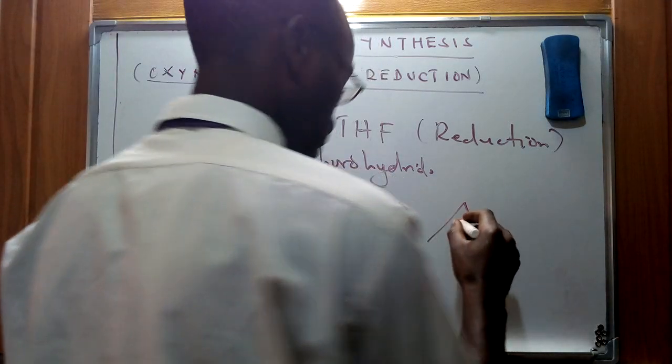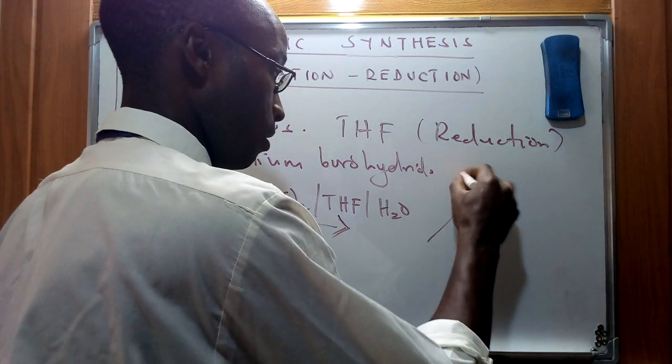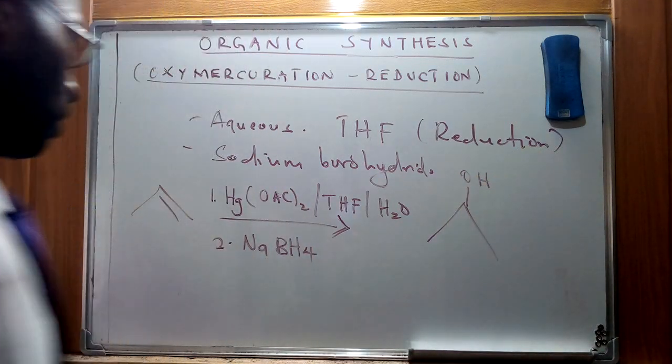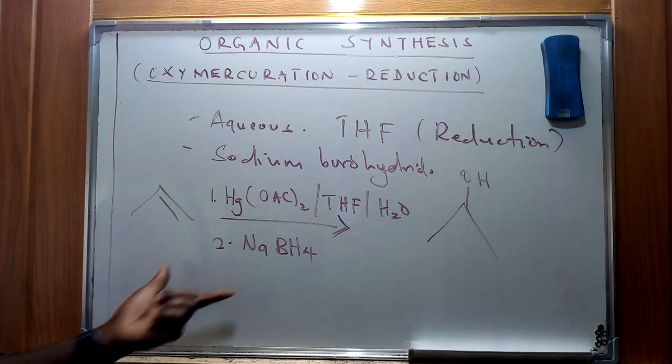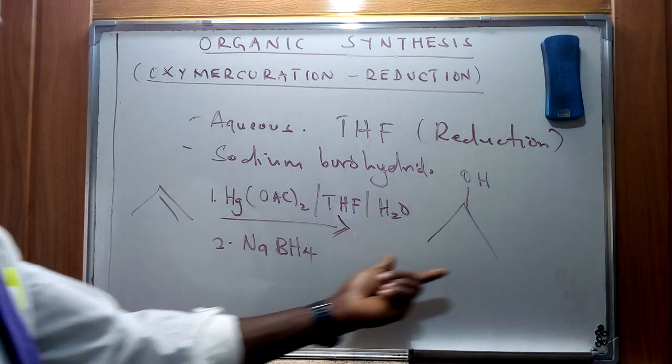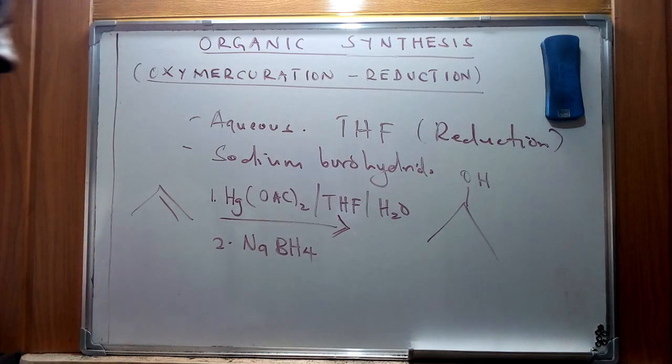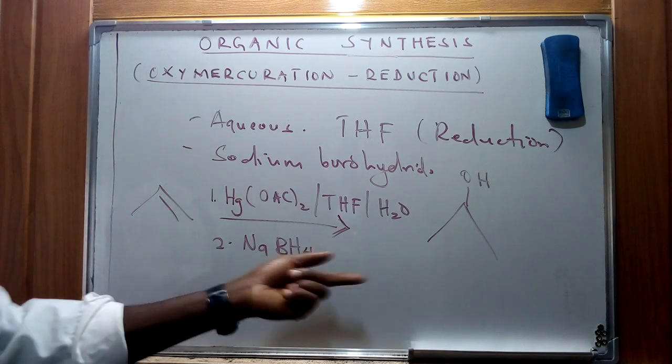This is going to lead to the formation of an alcohol. As we had mentioned, we can illustrate this using the reaction mechanism, and our main objective is to obtain the desired product, which is going to be predictable.